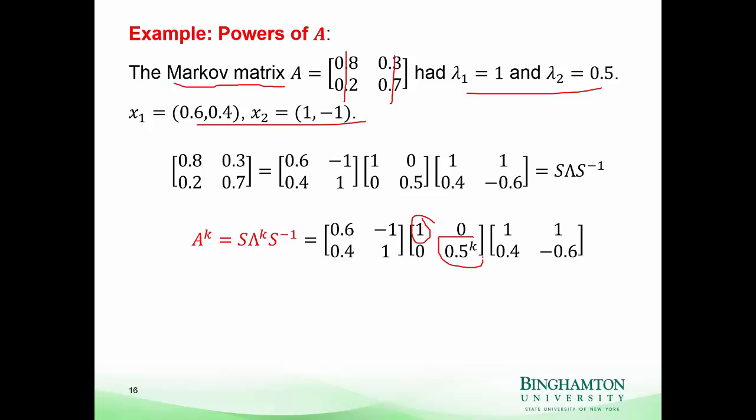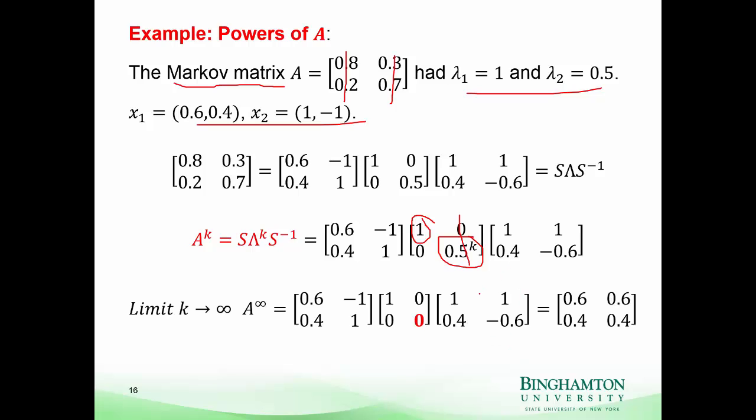And our other eigenvalue is less than 1 in magnitude. And so as k gets bigger and bigger, that entry gets smaller and smaller. And eventually, this column will go to effectively 0. And so we can figure out that in the long run, as k goes to infinity, this element becomes 0 here, and when we multiply all this together, we get something that looks like this.